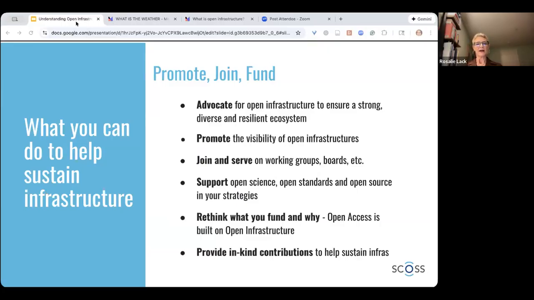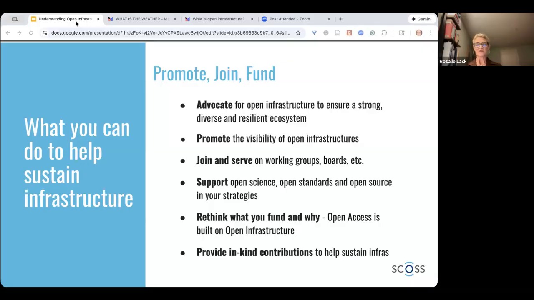I've talked a lot about funding, which of course, giving funding for these infrastructures is very important. But I also want to make the point that there are other ways to contribute to these infrastructures. For example, advocating for open infrastructure, maybe at your institution, helping them to see the importance of open infrastructure and why it does help to build a resilient open ecosystem.